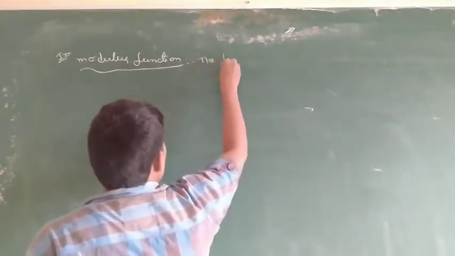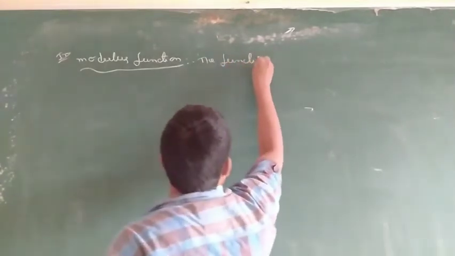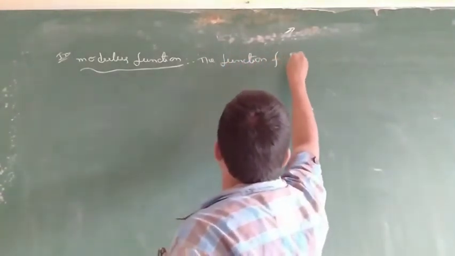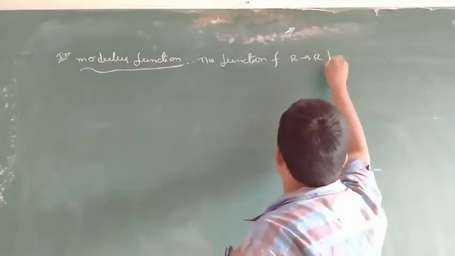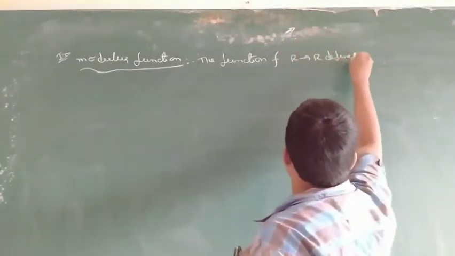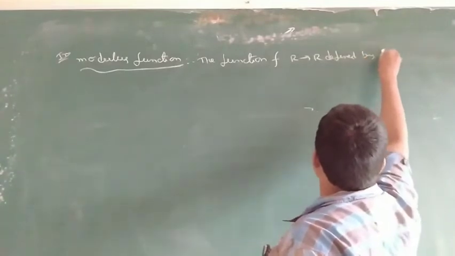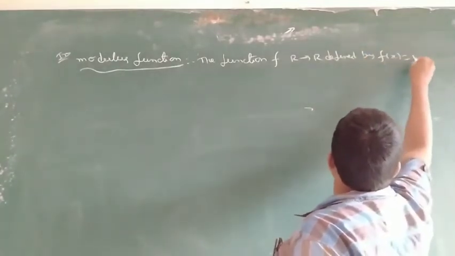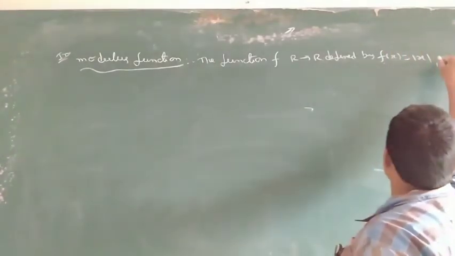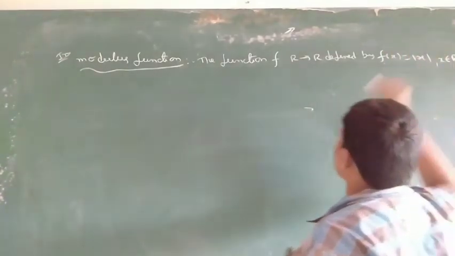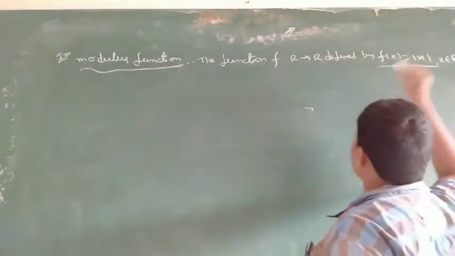The function f from R to R defined by f of x is equal to mod x for each x belongs to R. This is the definition of the modulus function.